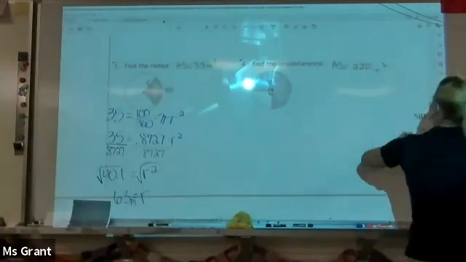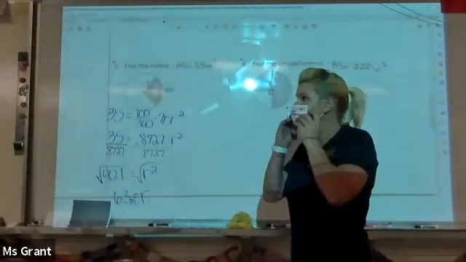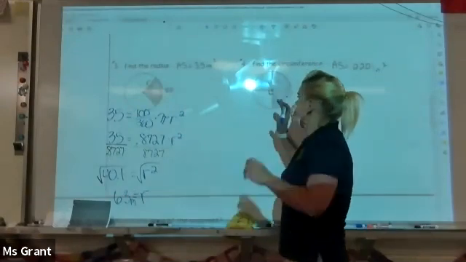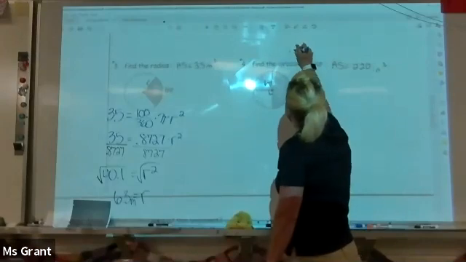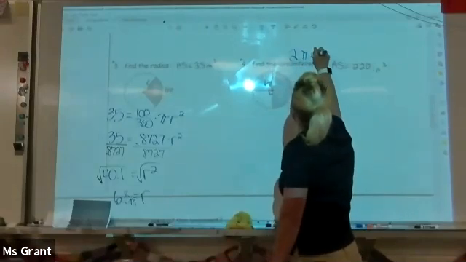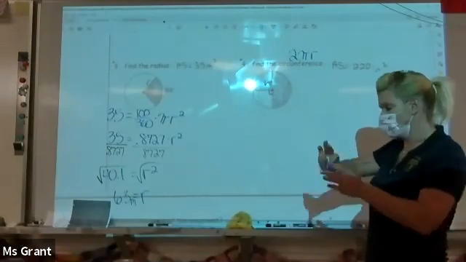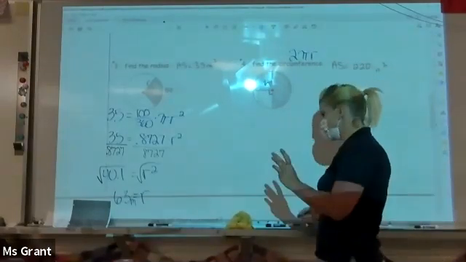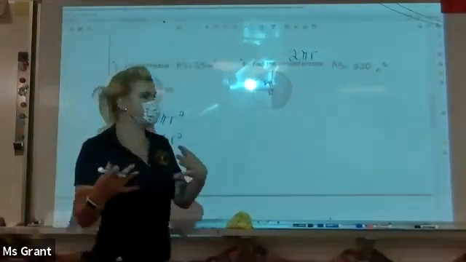All right, so that was a simple one, just find the radius when the radius is missing. Now it's asking me to find the circumference, which you know is 2 times pi times radius. But I still have to do all my work. The area of the sector was given to me.